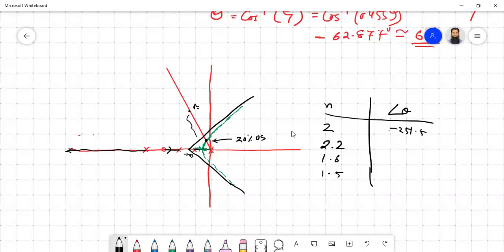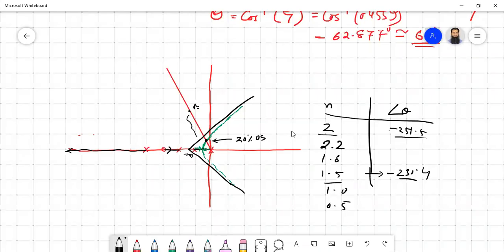Then 1.5 they calculated minus 230.4. So arbitrarily you have to see. As you can see, at 2 you have higher values of angle, at 1.5 it is reducing. So basically you have to go for 1, then you have to check 0.5. This is how you have to try.